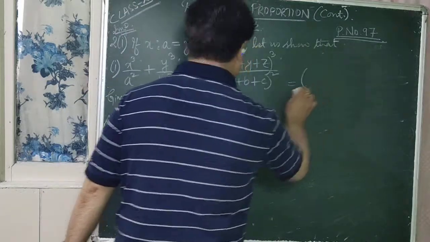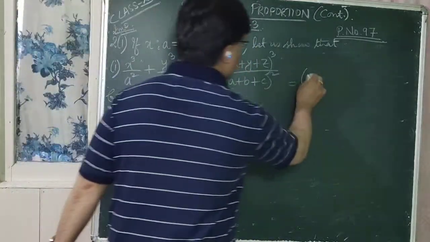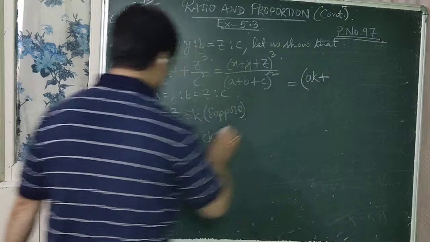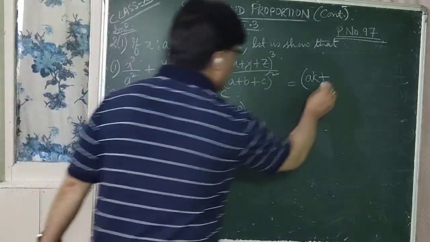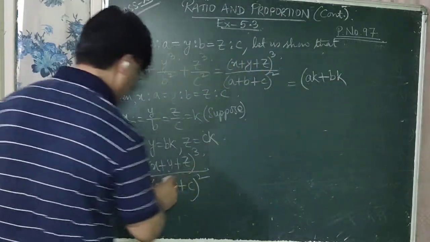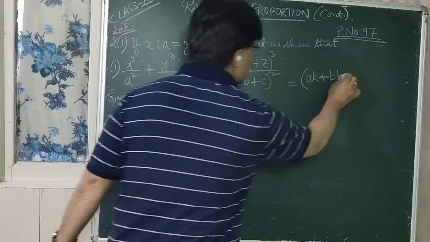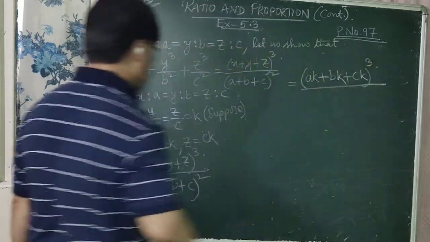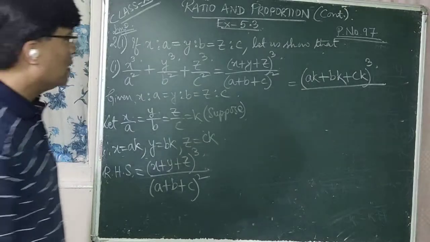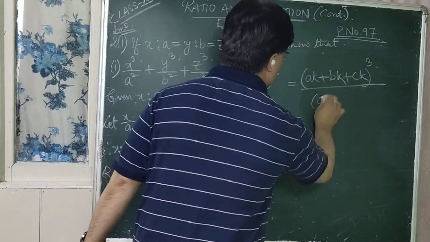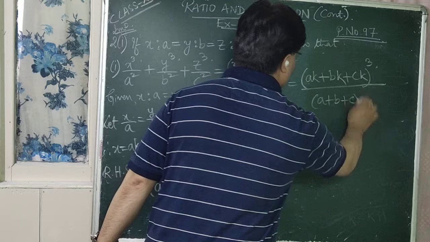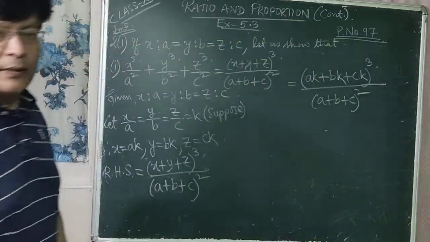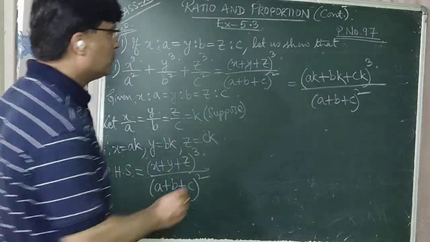So which is equal to, within bracket, what is X? AK, plus what is this Y? BK, right? Plus what is that Z? CK, whole cube, right? Whole divided by, in the denominator, it is (A plus B plus C) whole square. Is that clear to all of you?